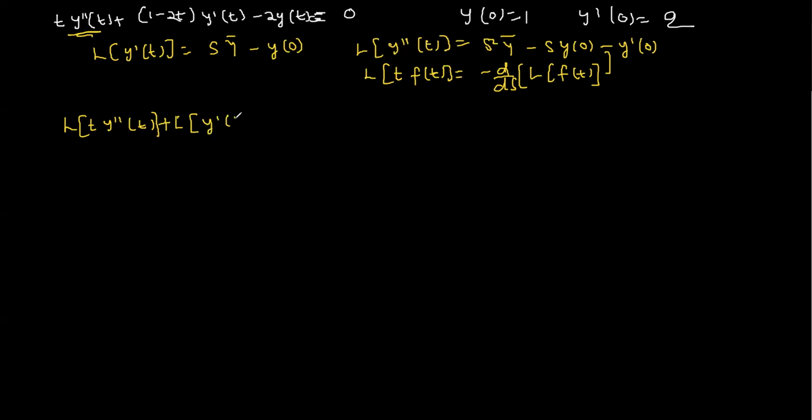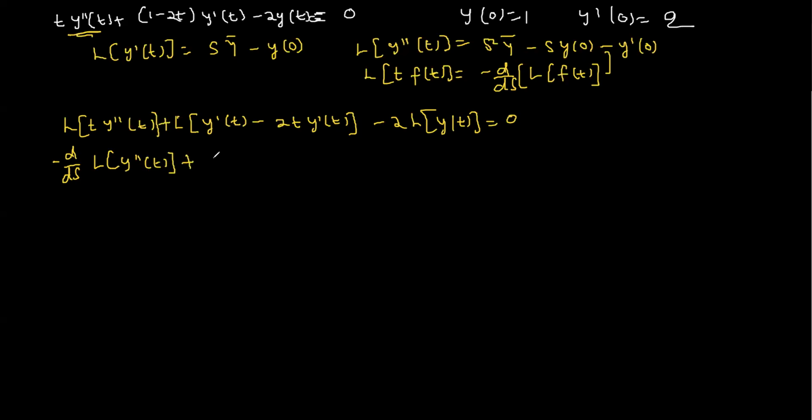When you take Laplace, opening the bracket, y dash t minus 2t y dash t. See, you know t is multiplied here. So what will you do? Minus d by ds of Laplace of y double dash t, right?